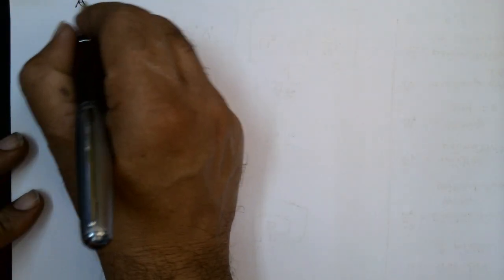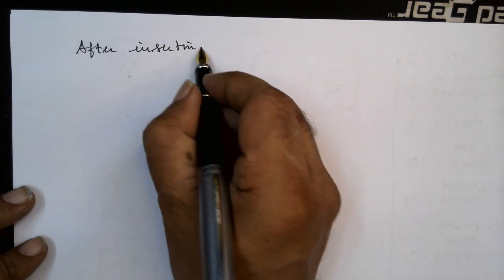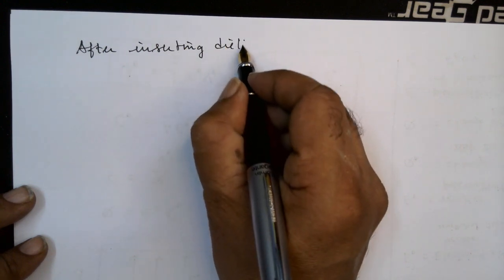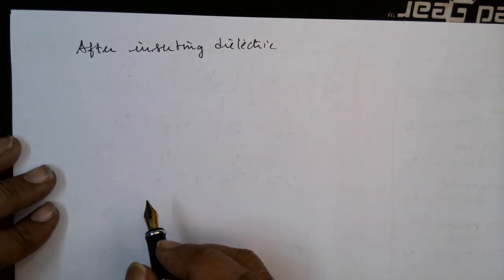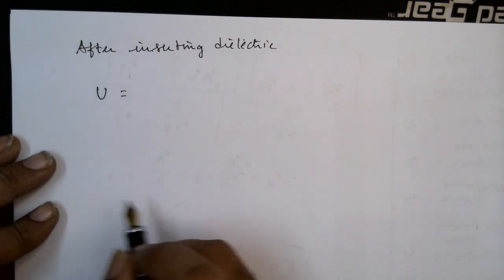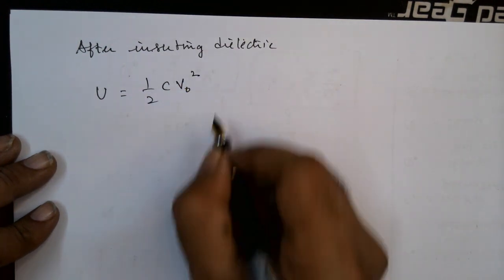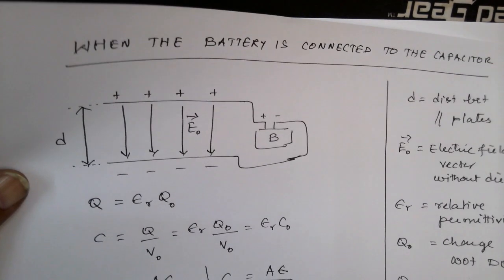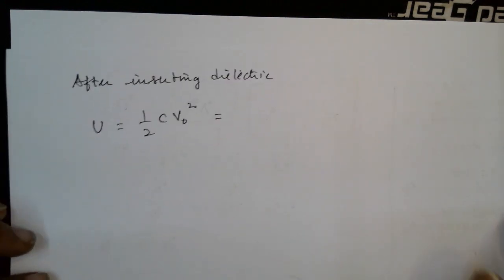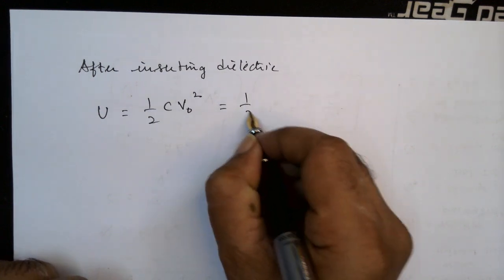After inserting the dielectric, the capacitance is increased, because U is equal to 1 by 2 C into V naught squared.